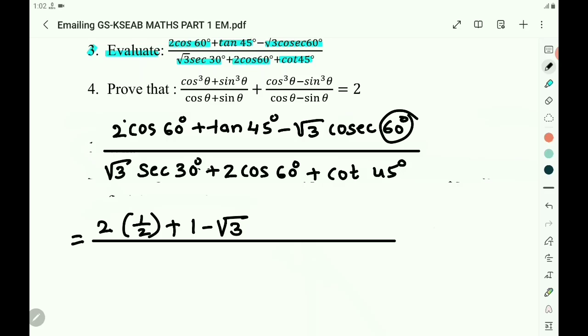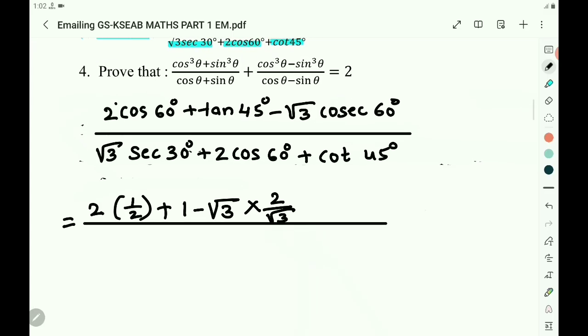Sin 60 is root 3 by 2. Cosec 60 is 2 by root 3. So you write into 2 by root 3. Then you write root 3 as it is. Secant 30. Secant is the reciprocal of cos. Cos 30 is root 3 by 2 and secant 30 is 2 by root 3.